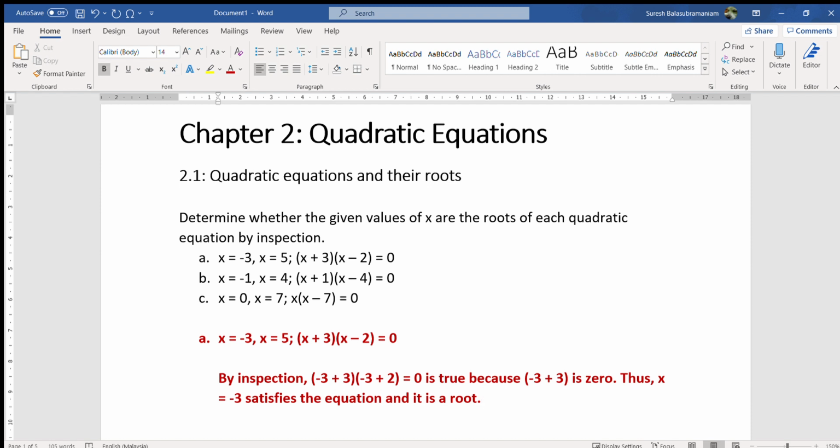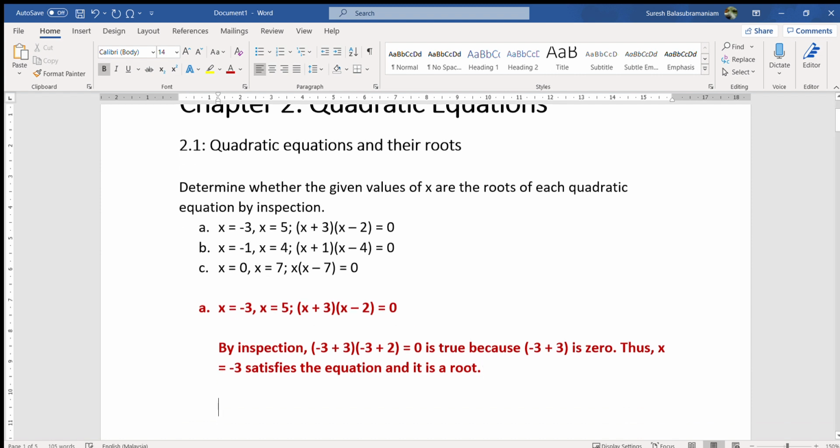Going the same way for the second one, x equals 5, by inspection, replace x equals 5 into the equation. You get (5 + 3)(5 - 2) = 0.